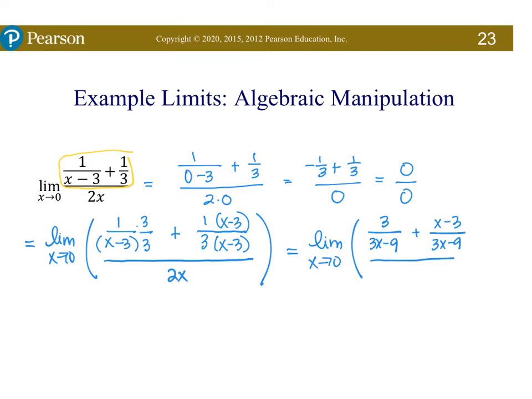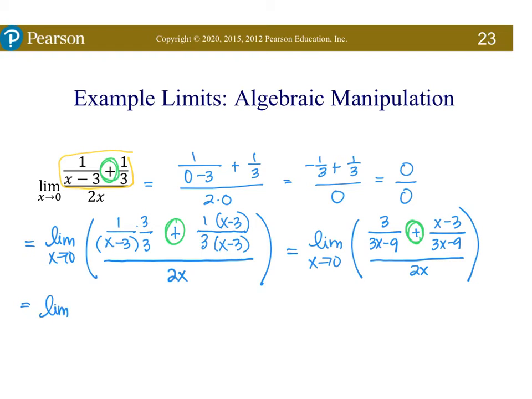All of that is over the original denominator, 2x. Common denominators are only appropriate when you have addition or subtraction. So this is an addition problem. It started out as an addition problem. That's why I use common denominators. Fake math would be to do common denominators when you have multiplication. This is not multiplication, this is addition, so this is legal.